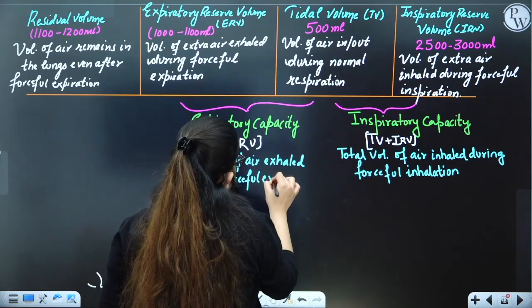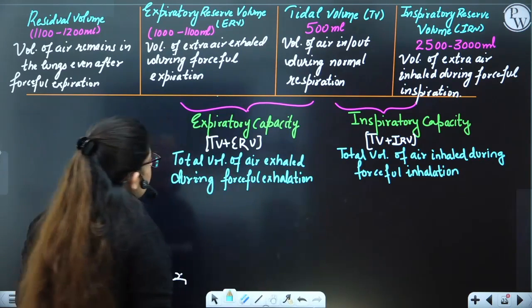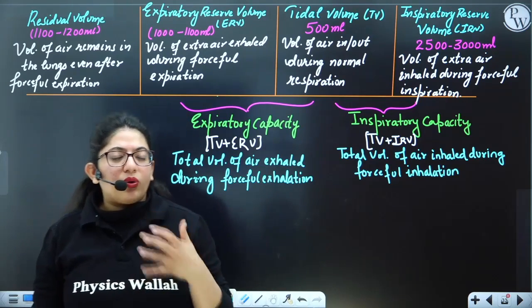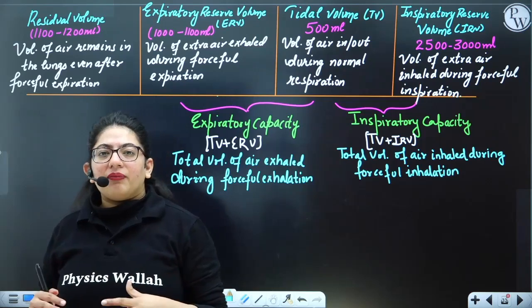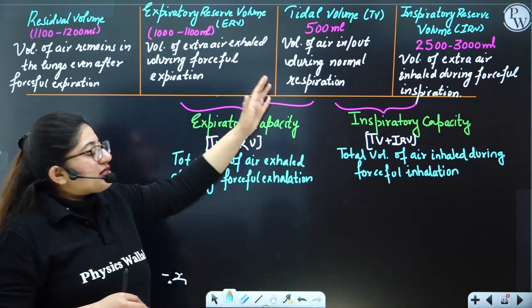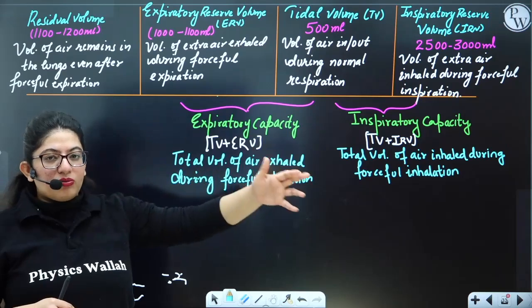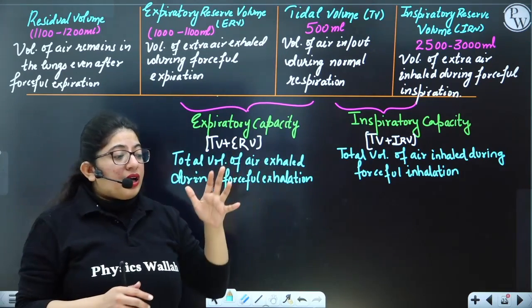Now, whenever you are expiring forcefully, I have given all my effort and I'm expiring forcefully. At that time, my tidal volume is exhaling. My tidal volume also moves out from my lung, and also the expiratory reserve volume.